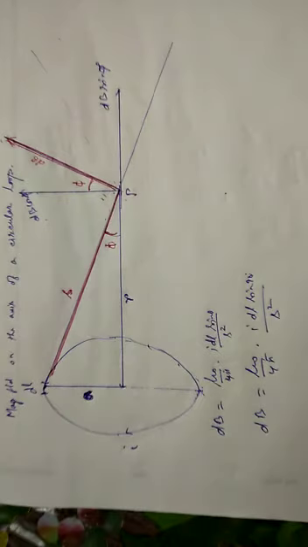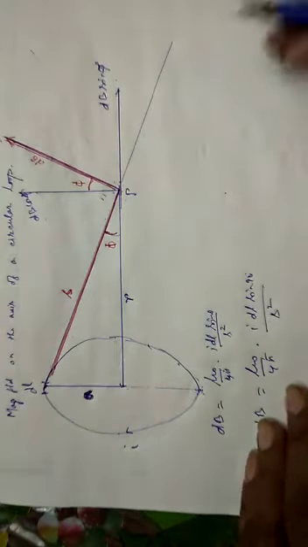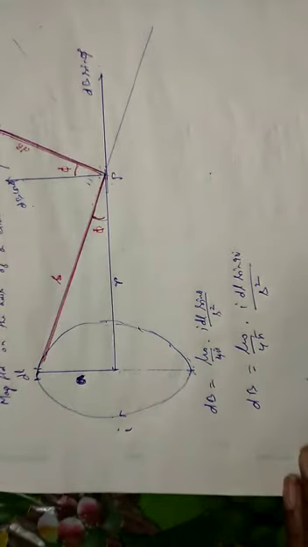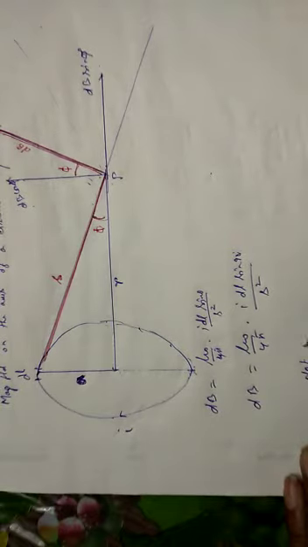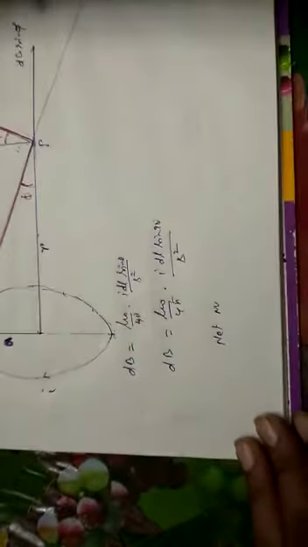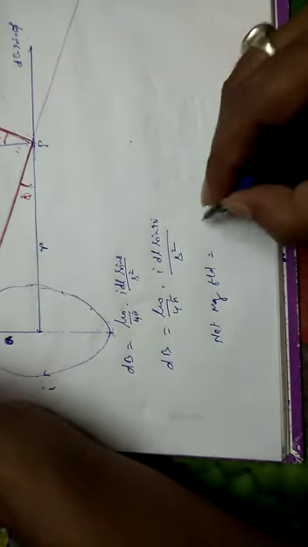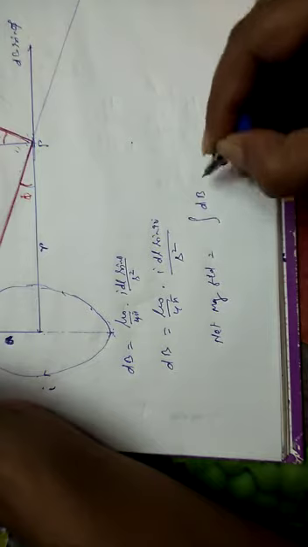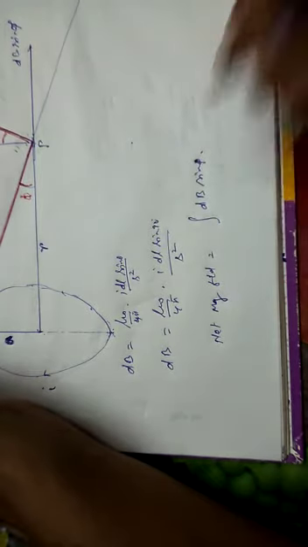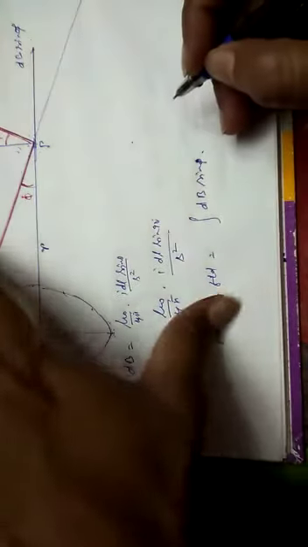So your net field due to this current element at the point P, net magnetic field, will be the integration of dB sin phi. Clear?